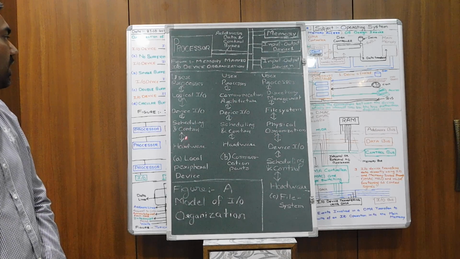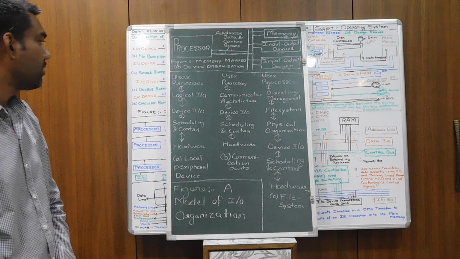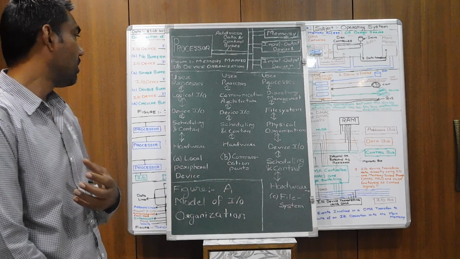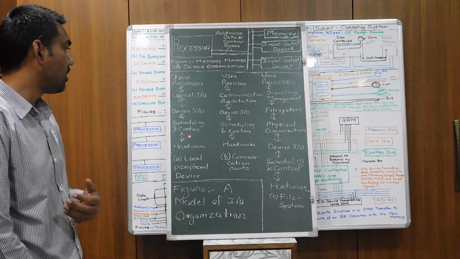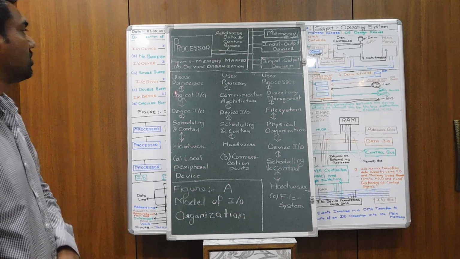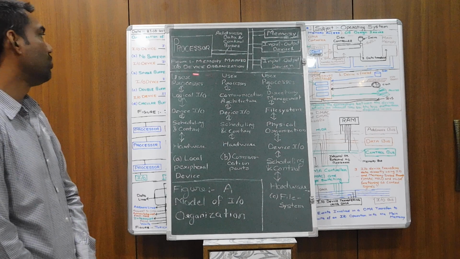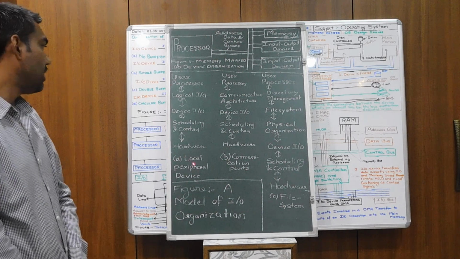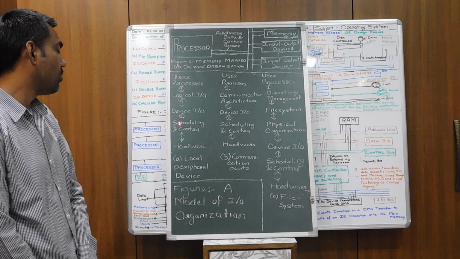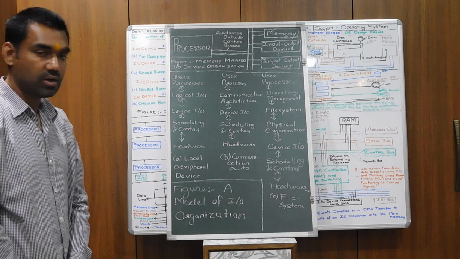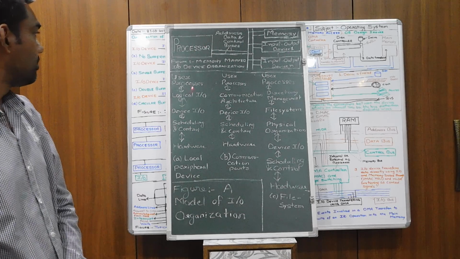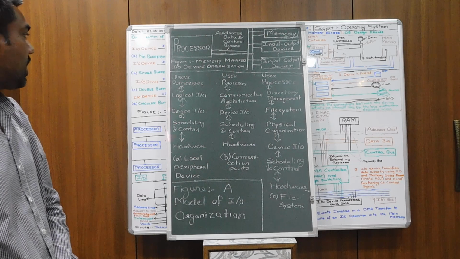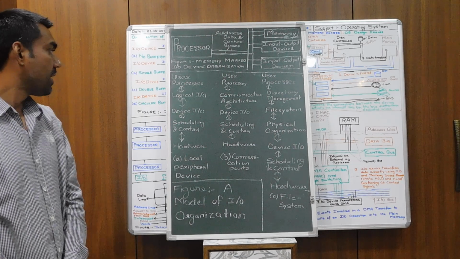So this layer makes use of the hardware and performs the necessary activities on the hardware, and after performing the activities, the results are forwarded up to the user process level. So for a local peripheral device, this is how the organization of the functionalities takes place.